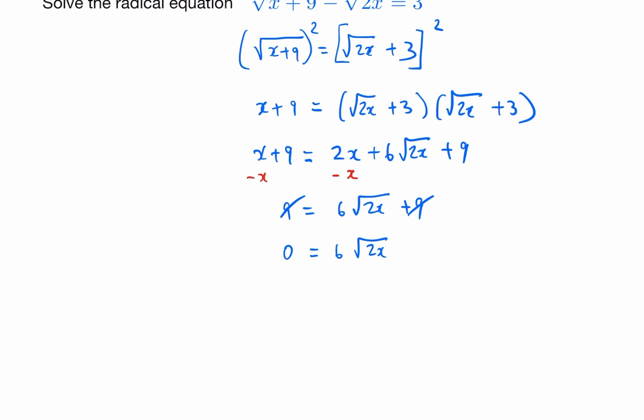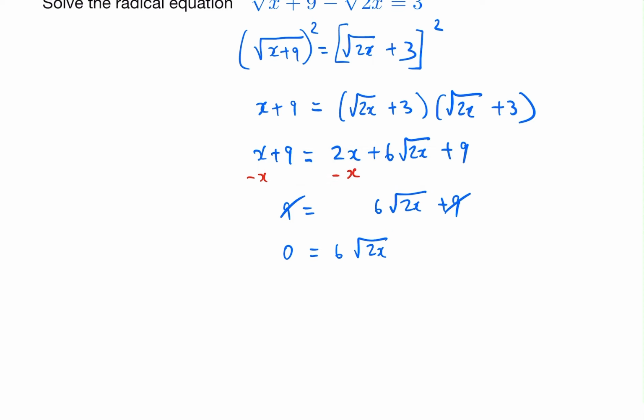I believe I made a mistake here. Yes, I did. And the mistake here was 2x minus x should not have disappeared. So I'm going to go ahead and reinsert that. Oops. Let's do that again.